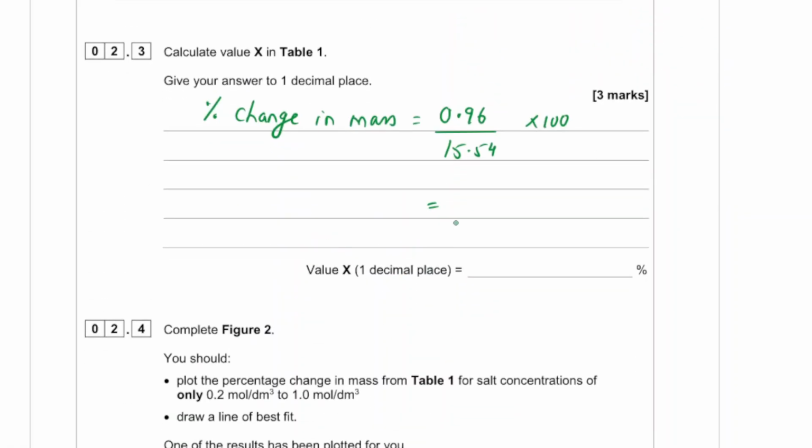That would give you 6.1776. So in one decimal place, it will be just 6.2.